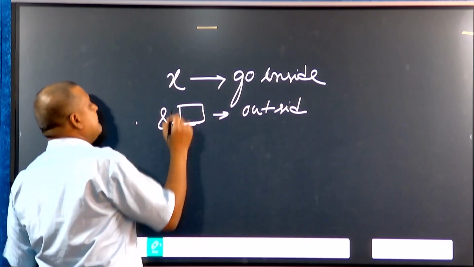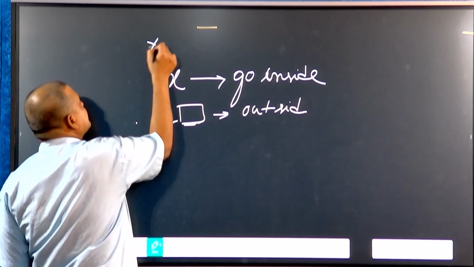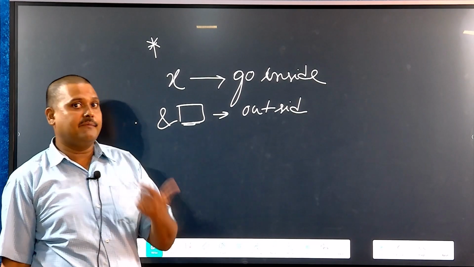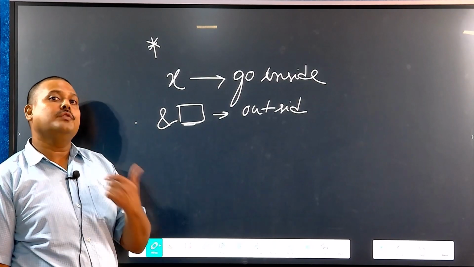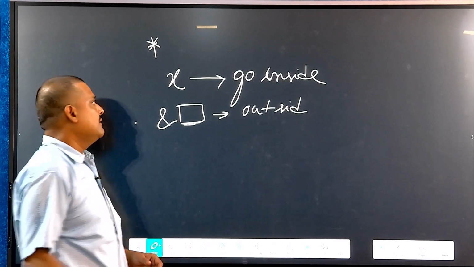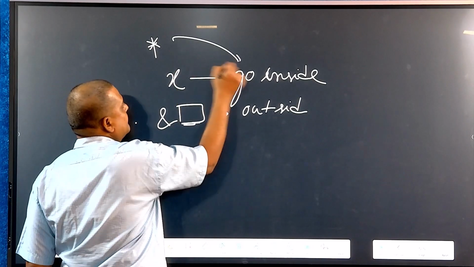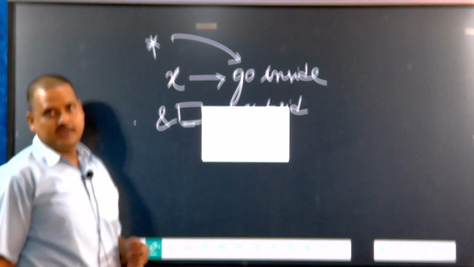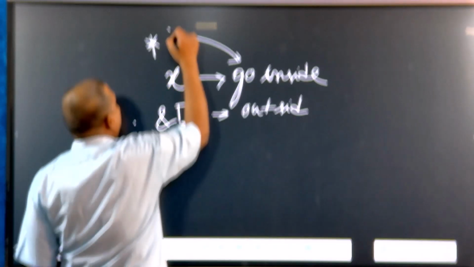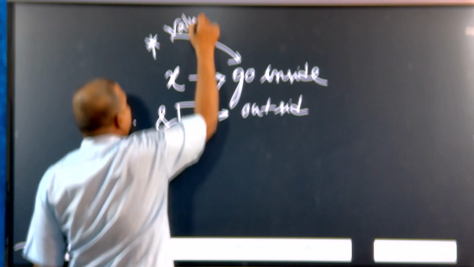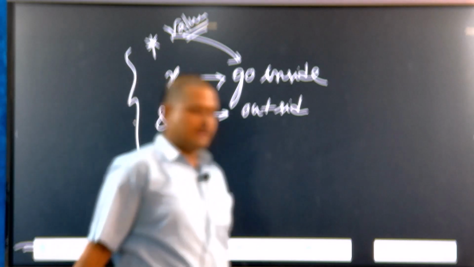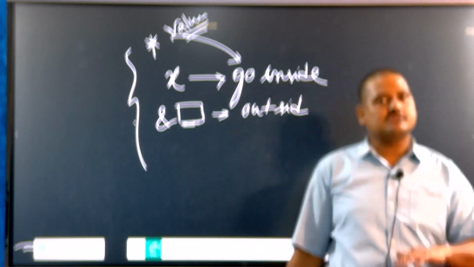And whenever you are having some pointer of something on a particular value, go to that particular value only, go inside. So, if you follow these two rules, one is inside, another one is outside.